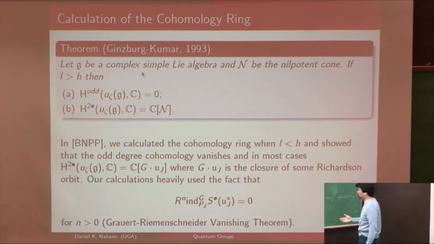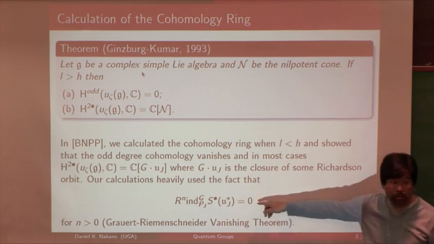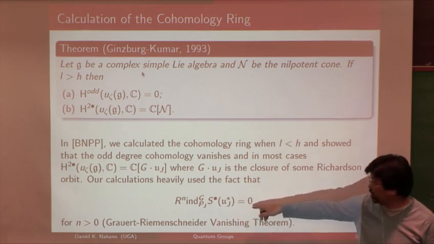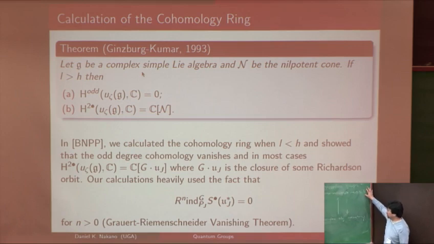One of the really important things we had to use in this calculation was the fact that the higher sheaf cohomology vanishes for the cotangent bundle of these flag varieties, or partial flag varieties. This theorem is often referred to as the Grauert-Riemenschneider vanishing theorem. So we needed a theorem from complex algebraic geometry in order to prove the cohomology result for quantum groups.